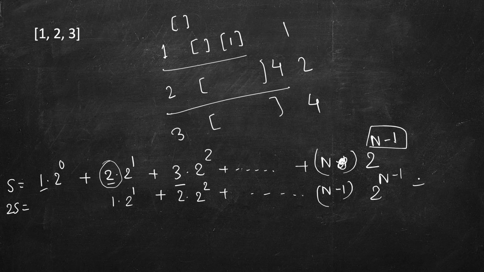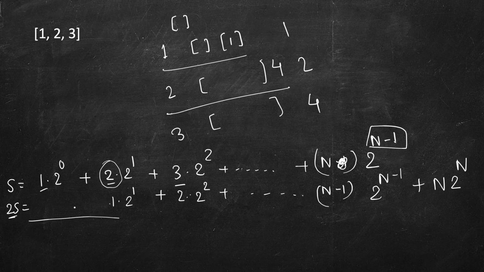We are multiplying each term by 2 and writing it one place to the right. So this multiplied by 2 comes here, this multiplied by 2 comes here, and so on. And the last one will be n times 2 raised to the power n.